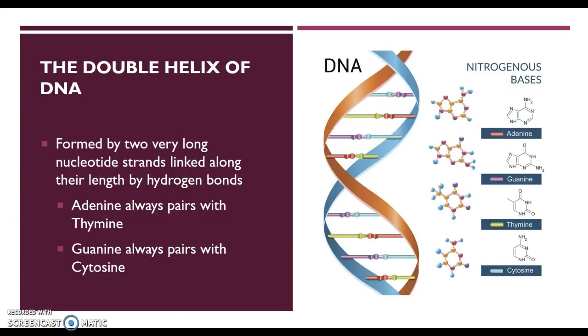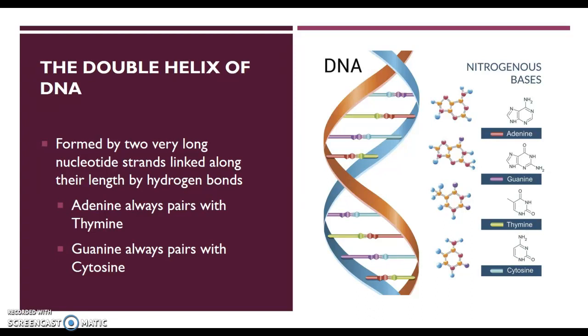So let's look at DNA. Most of you are probably familiar with this double helix structure of DNA. We call it a double helix because we have two helices, or two, how to describe this, cyclic patterns that are bonded together.